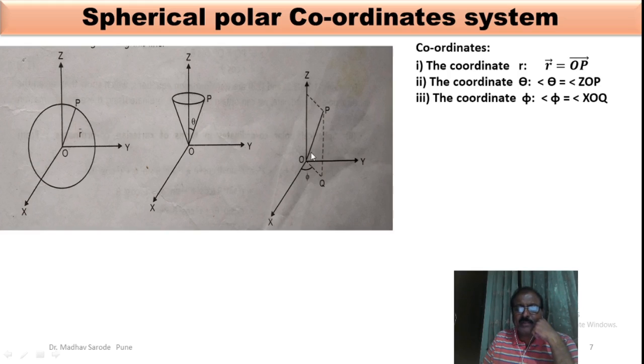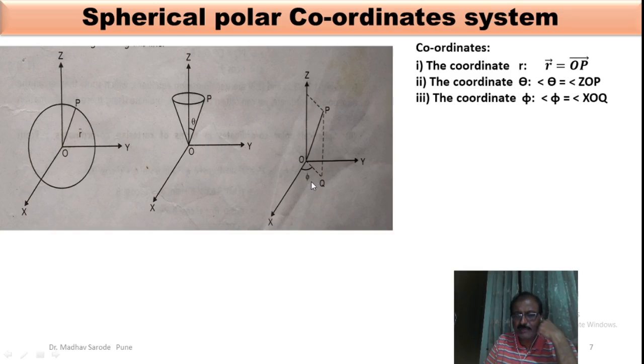And if for the point P you draw the projection of OP on the XOY plane, means you drop a perpendicular to the XOY plane meeting at point Q, then the angle that OQ makes with respect to the x axis is known as the azimuthal angle and is denoted by the letter phi. So phi is called the azimuthal angle.